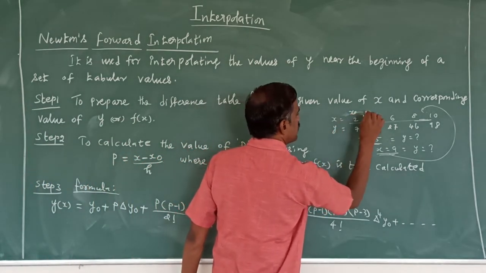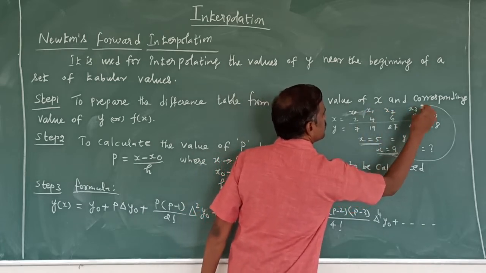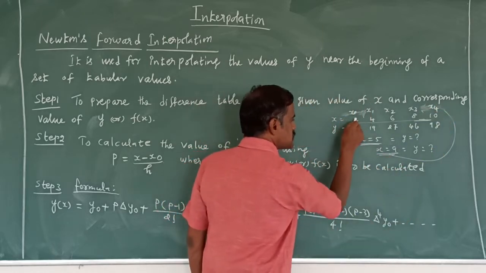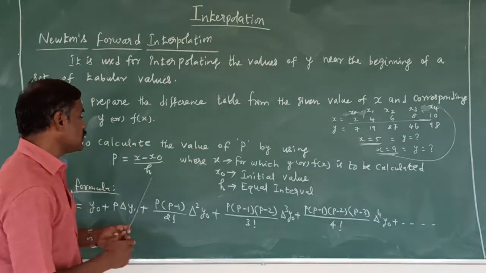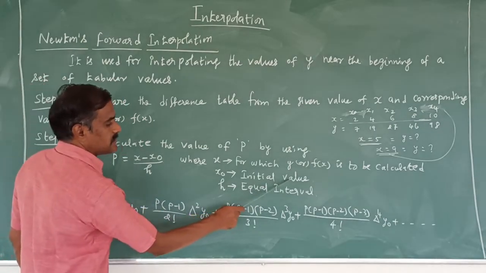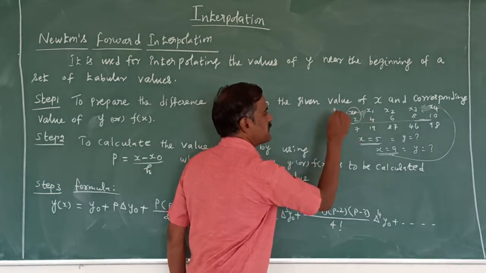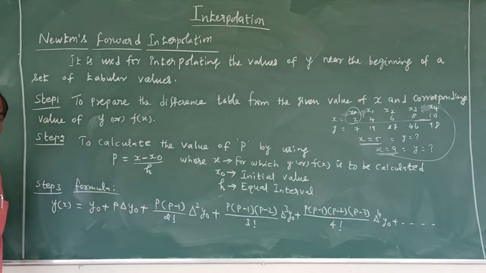This is x naught, this is x1, this is x2, this is x3, and this is x4. This is the initial value, and this is the last value. In Newton's forward interpolation, x naught is the initial value of the tabular column, so we insert x naught here.